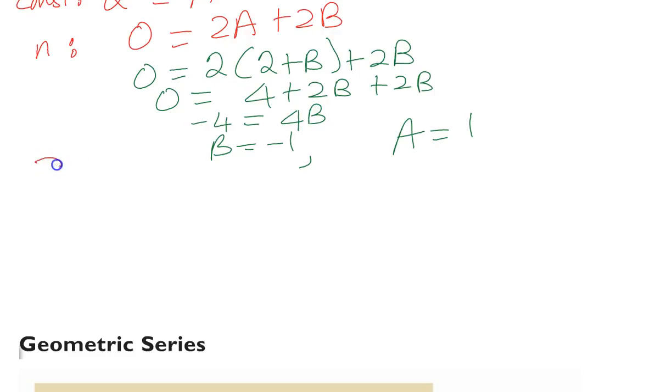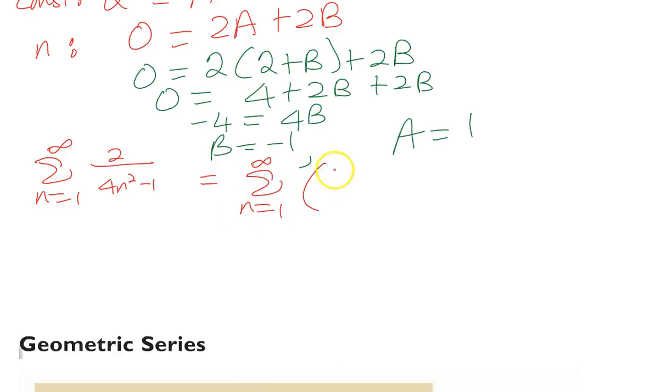So guys, our original problem was this infinite series. Now it is broken down into two partial fractions. The fractions are 1 over 2n minus 1 plus b, where b is negative 1, over 2n plus 1. Okay? Now, Sn, the nth partial sum, is not given.